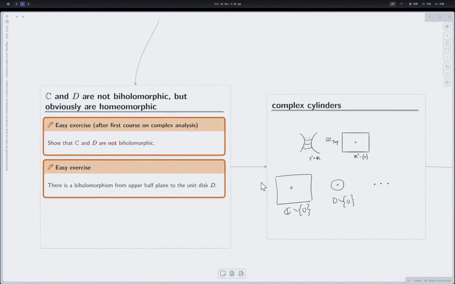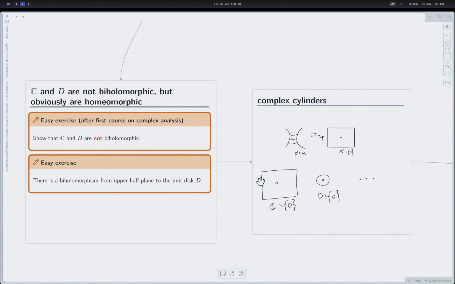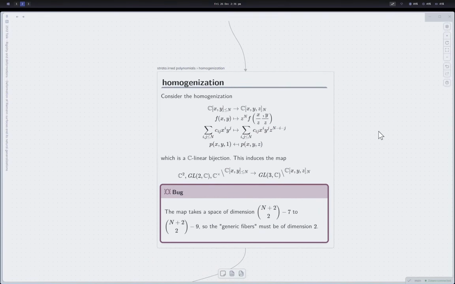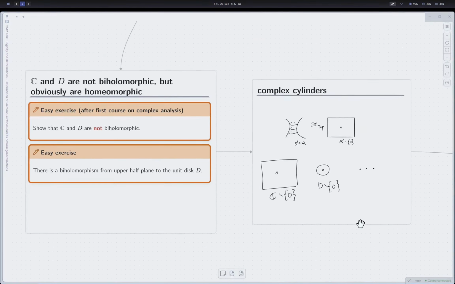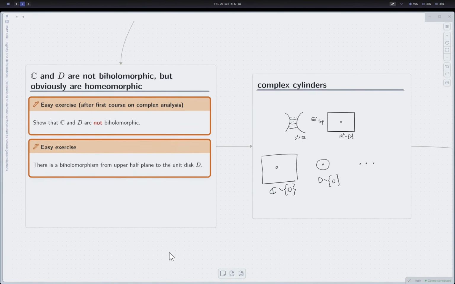And we want to classify Riemann surfaces up to biholomorphism. That is exactly related to classifying polynomials or algebraic curves like this up to projective linear transformations. So let's start. It's an easy fact to prove using basic complex analysis that there is no biholomorphism between C and D, the unit disk and the entire complex plane, complex line, whatever.